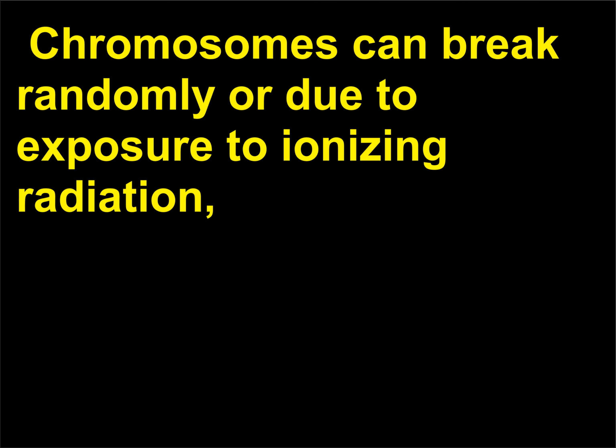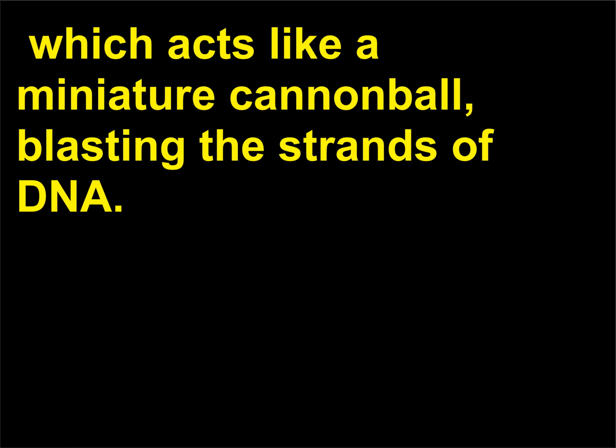Chromosomes can break randomly or due to exposure to ionizing radiation, which acts like a miniature cannonball, blasting the strands of DNA. Other factors such as physical trauma or chemical insult can also cause breaks.